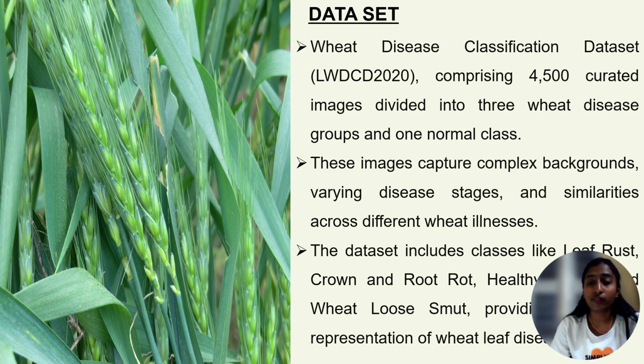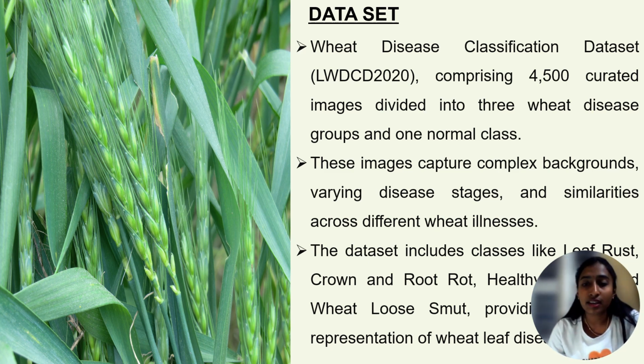So how can we find whether the wheat leaf is affected by disease or not? By seeing the condition of the leaf, whether it has become rusty or like that, we can detect the condition of the wheat leaf. So these are some of the features that have been extracted to identify the disease classifications.